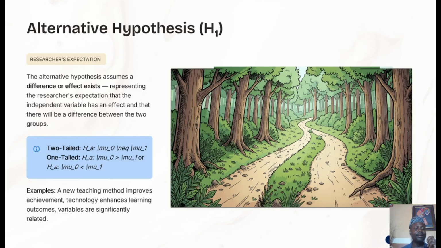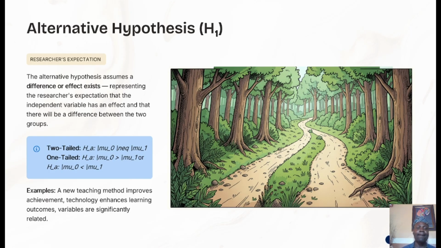And it is possible that it is a two tail or one tail. For instance, we can say a new teaching method improves achievement. Technology enhances learning outcome. Variables are significantly related.